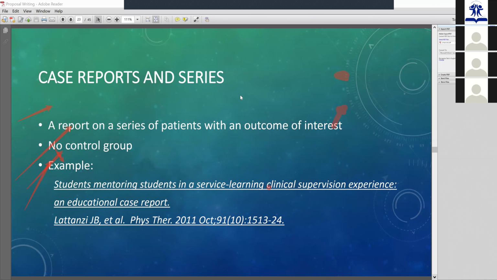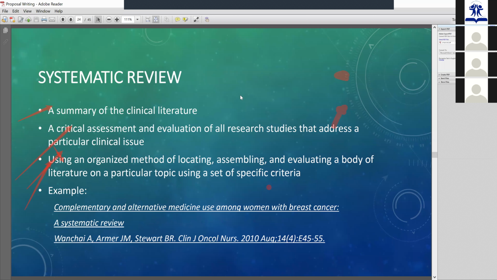We have two types of reviews, and these are the last types of studies I'm going to talk about. As I told you, reviews are the types of studies that are called secondary studies. It means that you're not going to do any original study. You're not going to work with patients, okay? Systematic review is a review in which you include all the articles published in that area. For example, I'm going to talk about pharyngitis in children.